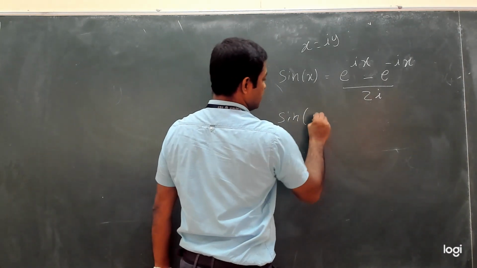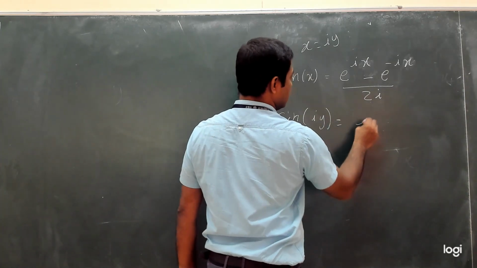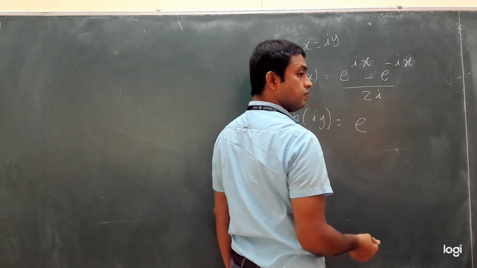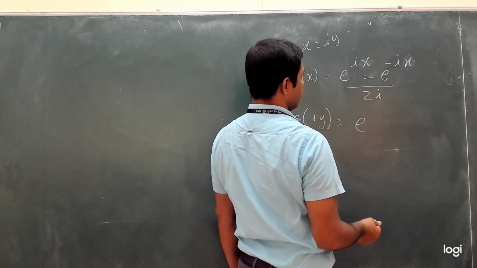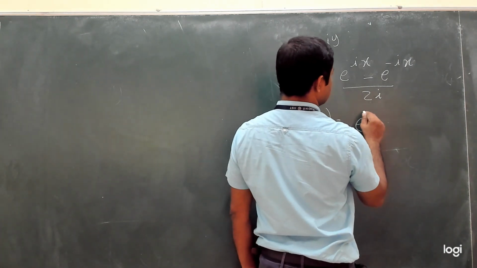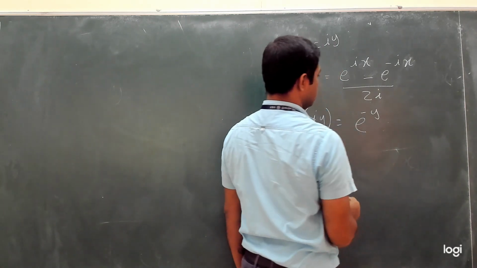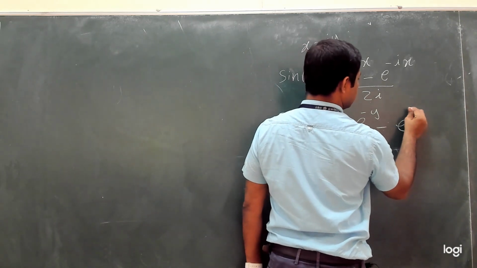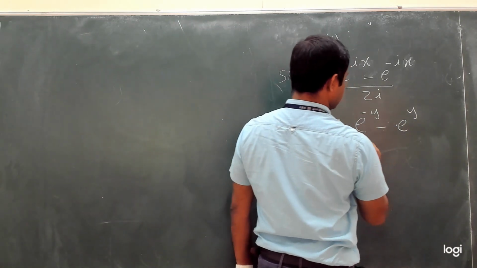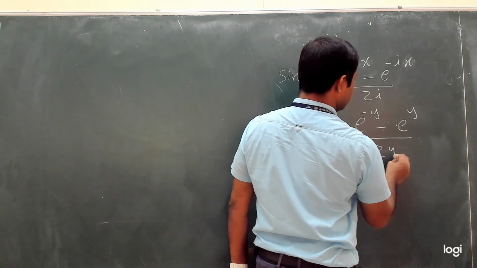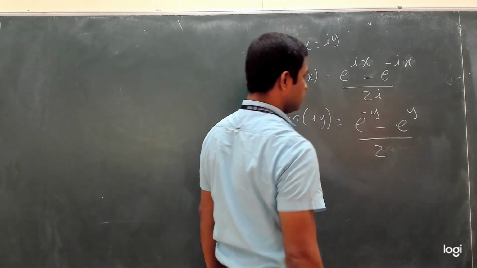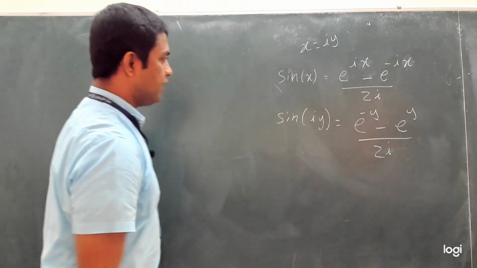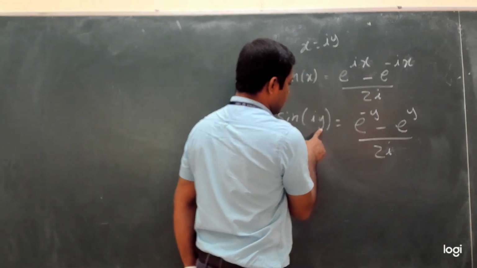Sin iy is equal to e power minus y minus e power y, upon 2i.